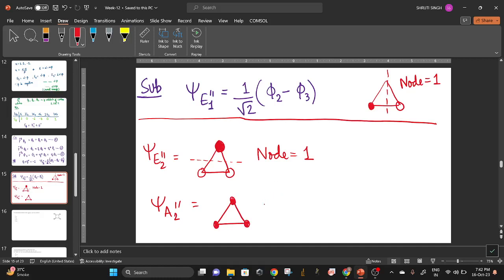So here the number of nodes is 0. The one which has the least number of nodes is said to be the lowest energy. So this is of the lowest energy.